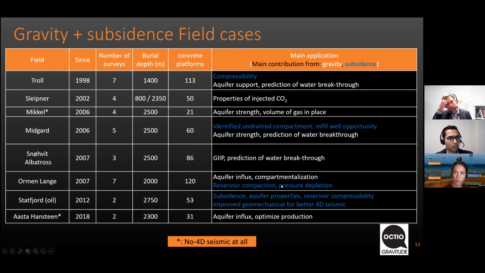I also want to mention that this technology is many times used together with 4D seismic, but in some cases it is actually used without 4D seismic at all. And we have some examples, like for instance the Mikkel field and the Oseberg Sør field, where 4D gravity is actually the only 4D monitoring technology that is being used to manage the reservoir.